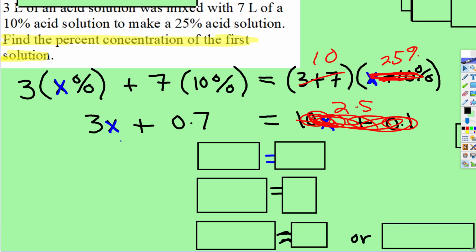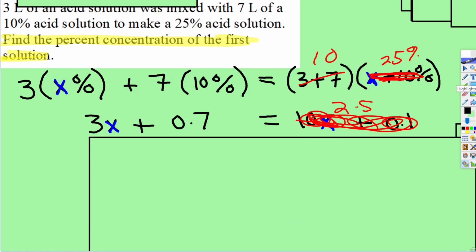So now the x is on this side. I'm going to subtract, since I don't want to keep fixing all of this. 3x is equal to, well, 2.5 subtract 0.7, and I want to make sure that 2.5 subtract 0.7 is 1.8.